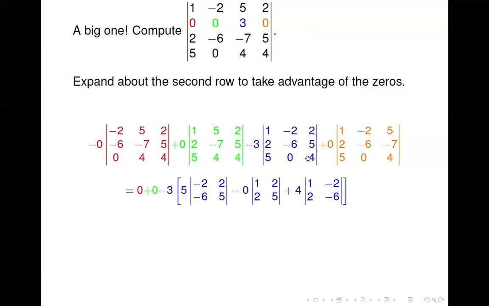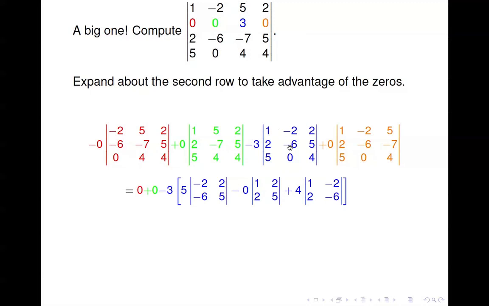I chose the third row. So I've got plus, minus, plus. 5's in a plus position. So it's 5 times this 2x2 determinant here. Then move over, -0 times the 1, 2, 2, 5, and then +4 times the determinant of this little matrix up here.